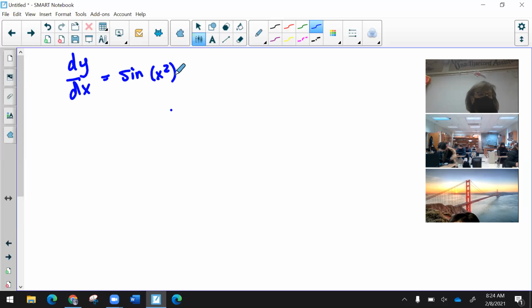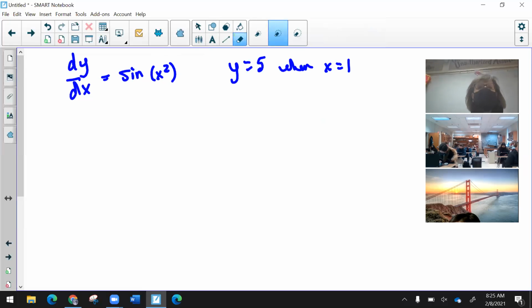Okay. And we have the condition that y is equal to 5 when x is equal to 1. So again, you have this example, right? It should be there. Okay.